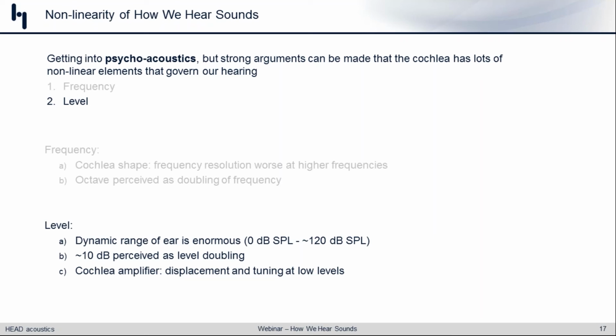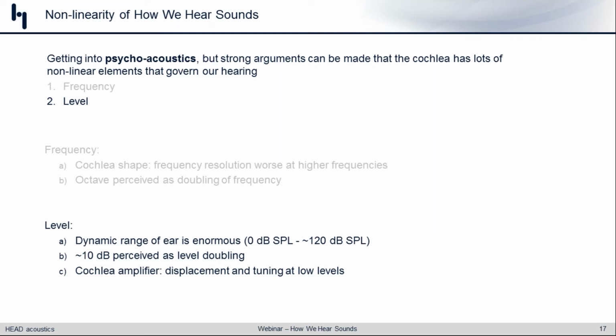And you guys know, roughly, that 10 dB is perceived as a level doubling, right? So if you increase the sound by about 10 dB, you will perceive the sound level or loudness as having doubled. Now, there is such a thing as a cochlear amplifier. What the cochlear amplifier does is it works at all levels, but it's particularly noticeable at the lower levels.